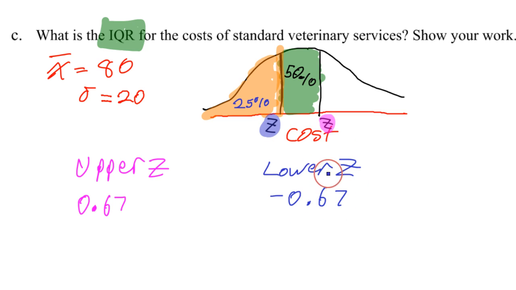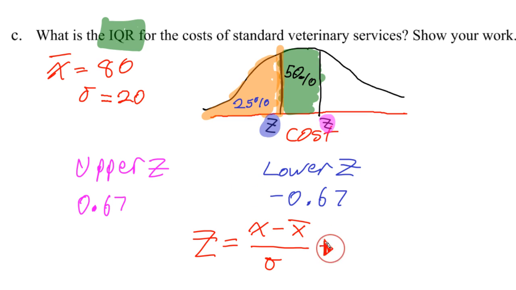Now it's just a matter of figuring out what these are as an actual cost, because right now these are z-scores, not a cost. My z-score formula is z equals the cost minus the average divided by the standard deviation. Turning this into an equation for the first one: 0.67 is equal to some cost that I don't know, minus the average, which was 80, all over my standard deviation of 20.